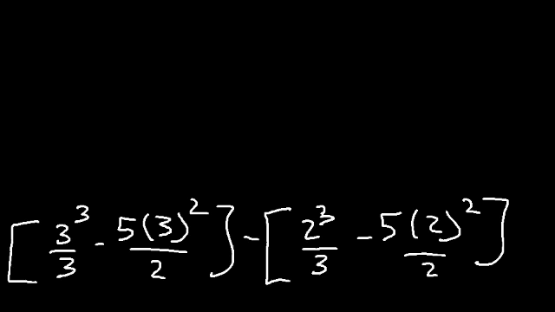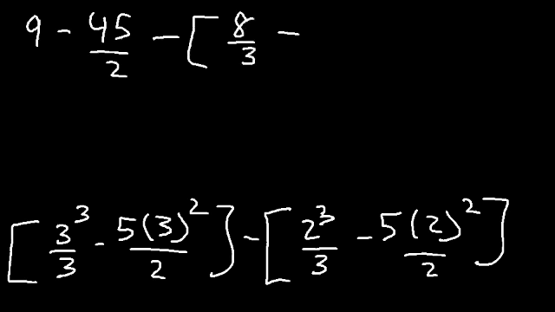Three to the third is 27, divided by 3 is 9. 3 squared is 9 times 5, so that's going to be 45 over 2. 2 to the third is 8. 2 squared is 4 times 5 is 20, divided by 2 is 10.